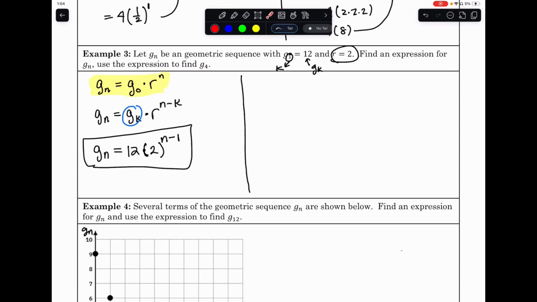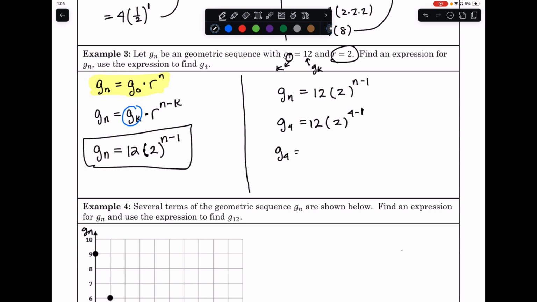Now that we have g of n, we can now evaluate g of 4. So our function g of n equals our g of k, which is 12, times our common ratio of 2 raised to the n minus 1 power. So that means that g of 4 would be 12 times 2 to the 4 minus 1 power, which is 3. 4 minus 1, which is 3.